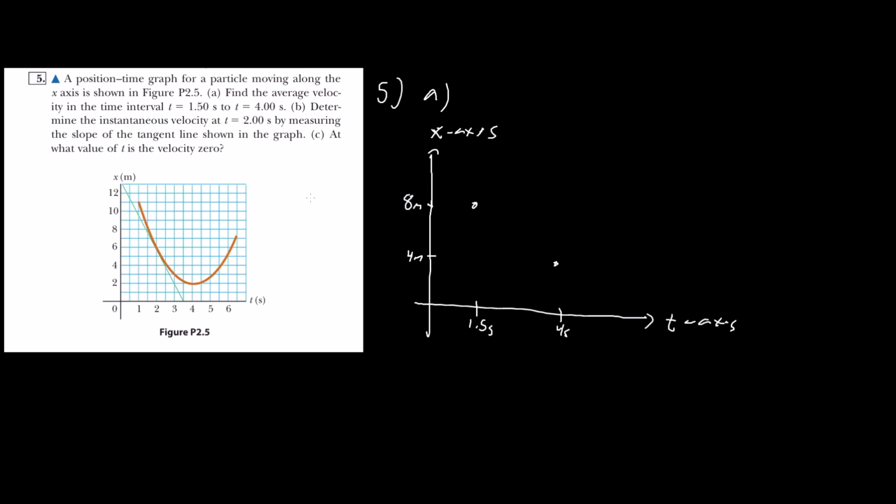Realistically, when you're finding the average velocity, think of these as points. What is the velocity between these points? Because we know this is going to be a parabola that's going to look like this, but pretend that shape doesn't exist and we're just emphasizing the points.